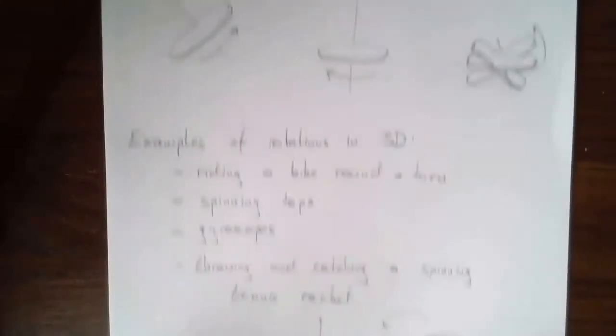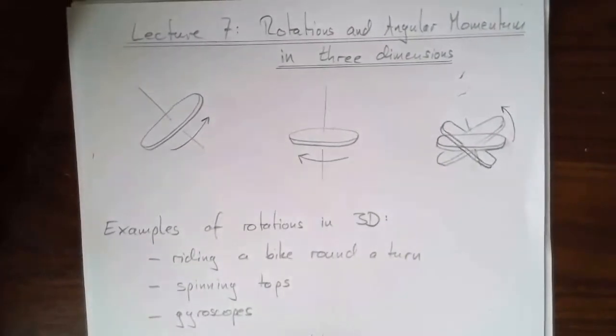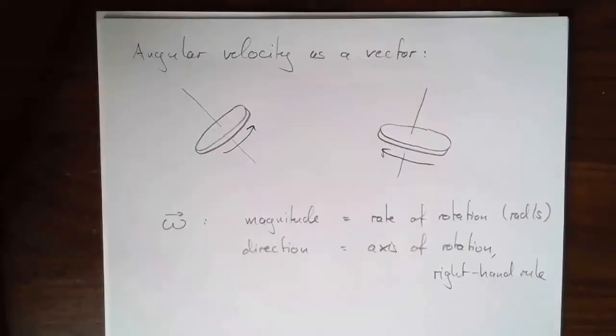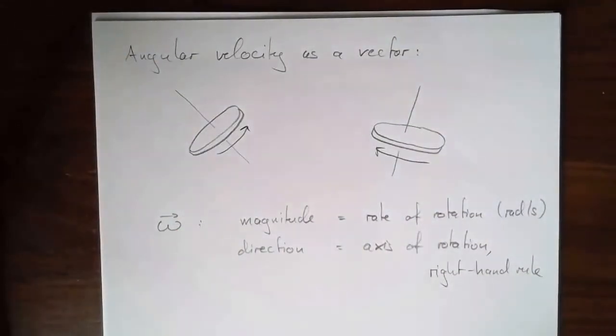So let's get started by trying to actually describe rotations in 3 dimensions. So how do I describe the direction of angular velocity? Like, how do I make angular velocity a vector? And so here is how we do this. So omega is now a vector. I'll put an arrow on top.